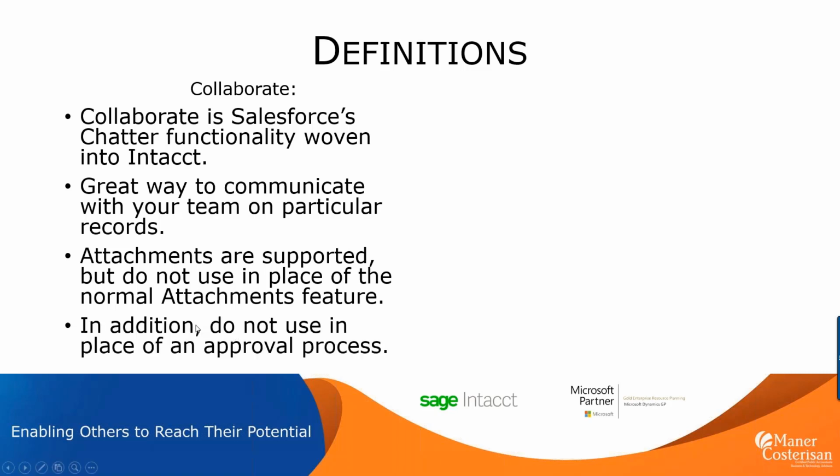For the same reasons I listed above, do not use Collaborate in place of the formal approval processes inside of Intacct. I'm kind of restating the point here, but I think it's important to note.